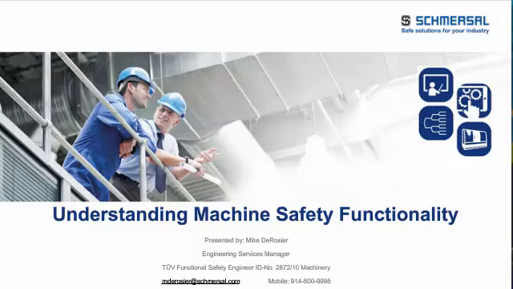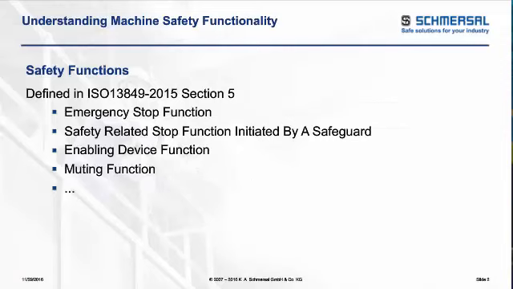A lot of you may already be aware of the standard ISO 13849 that has been put into place, that a lot of consensus standards and a lot of companies are now following. And one of the main things that they are defining is actual safety functions on a machine.